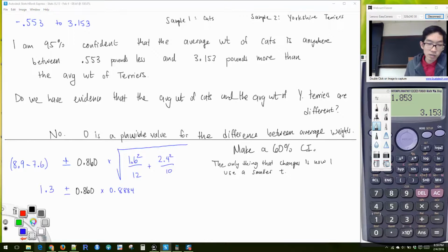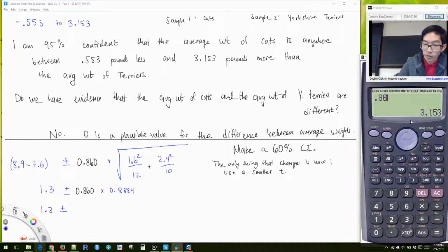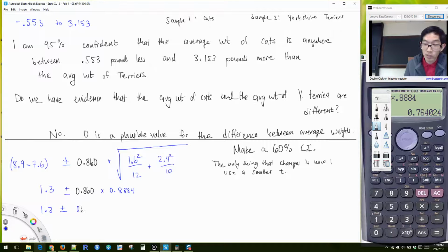So let's just do the math. Here I get 1.3 plus or minus 0.860 times 0.8884, and I get 1.3 plus or minus 0.764.